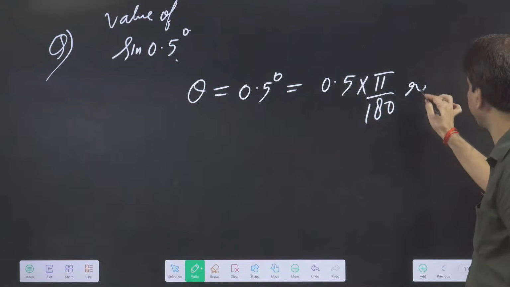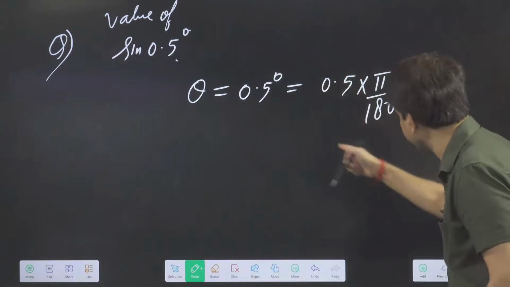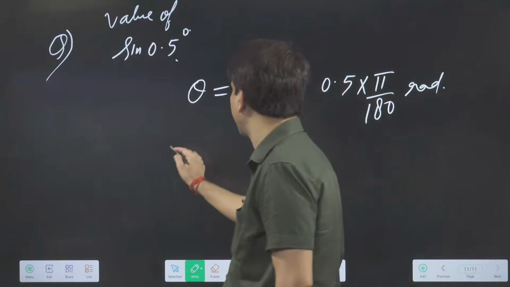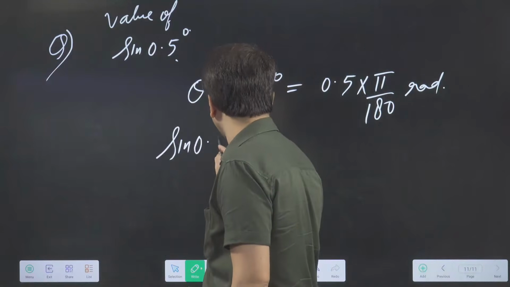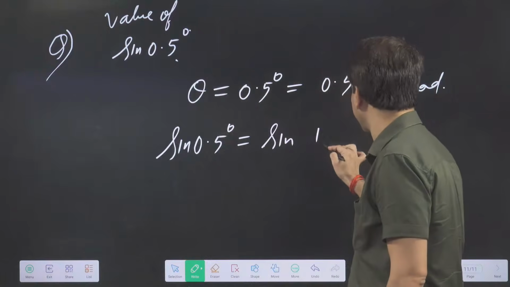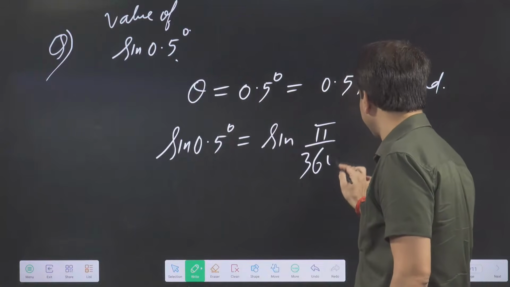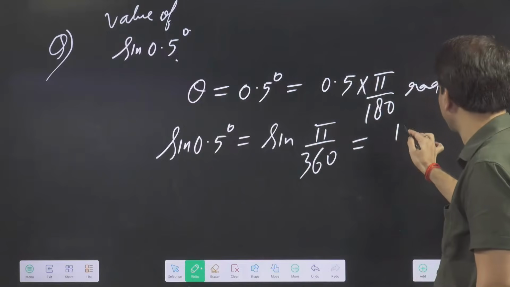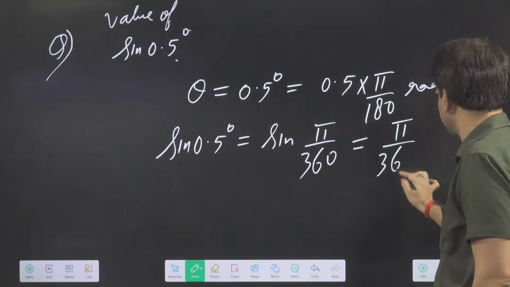Then you got radian. Now you can see this is theta, and theta is small, so sine theta can be taken as theta. So sine 0.5 degree is equal to sine of 1 by 2 times pi by 180, which is pi by 360. Now theta is small, so sine theta can be written as theta. What is the value you will get? Pi by 360.